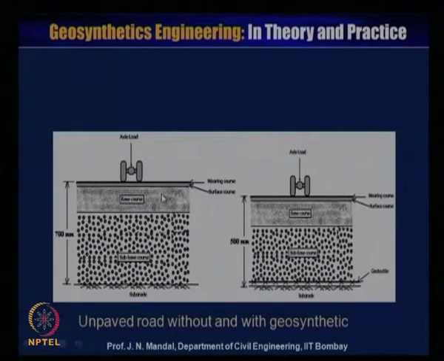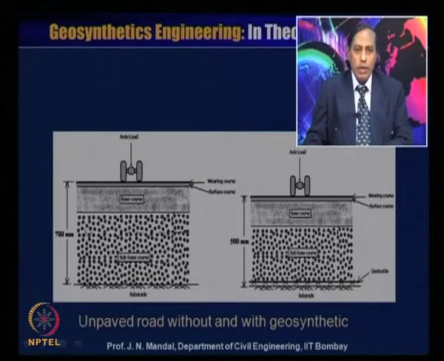Here is a diagram for the unpaved road without and with geosynthetics. Without geosynthetics, the thickness of the pavement is 700 millimeter, and when the geosynthetic is introduced between the subgrade and the base layer, the thickness of the pavement is about 500 millimeter.